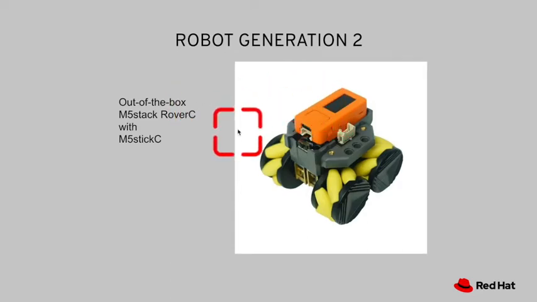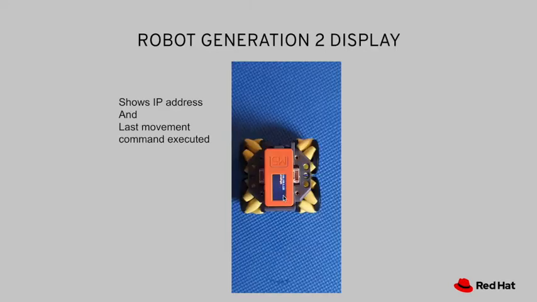It has built-in batteries and also a display. I'm displaying the IP address it was assigned by DHCP, and it also shows the last remote command that was executed for debugging purposes.